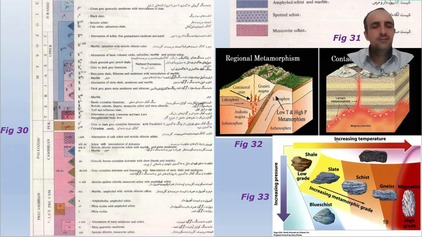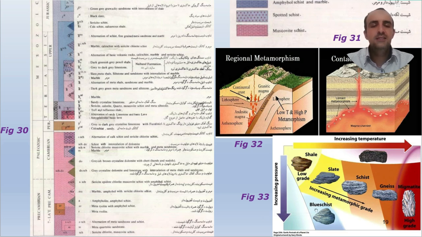And in this figure, I show you the different types of rocks that may be created based on temperature and pressure. As you can see, these parts are mainly related to contact metamorphism, where we have increased temperature and somehow low pressure.